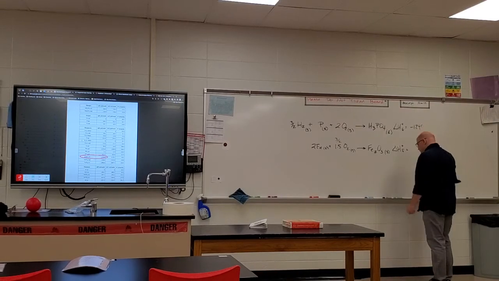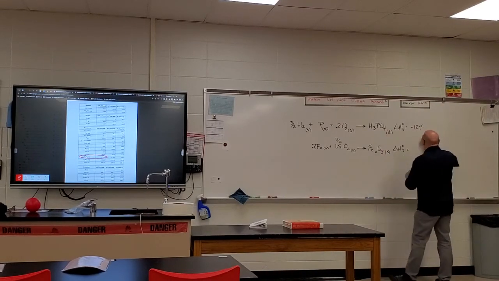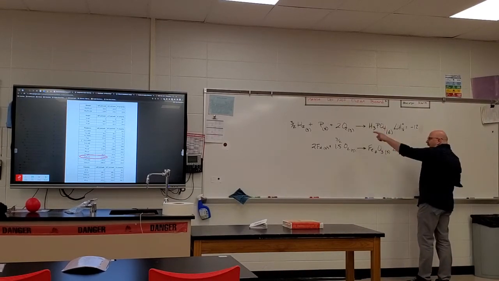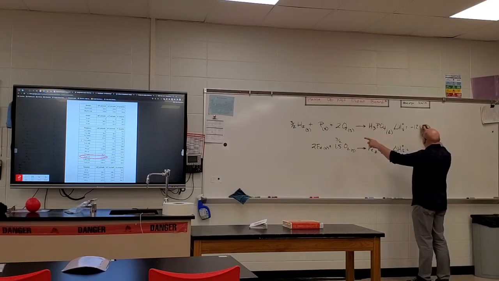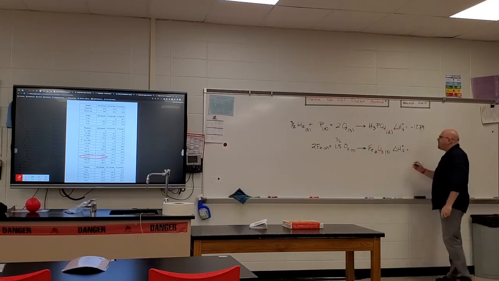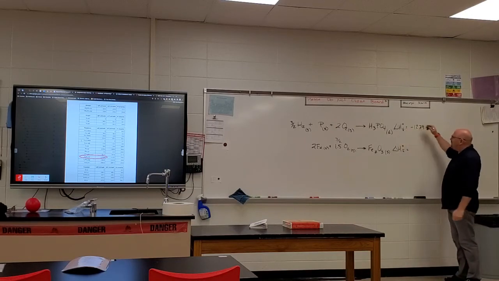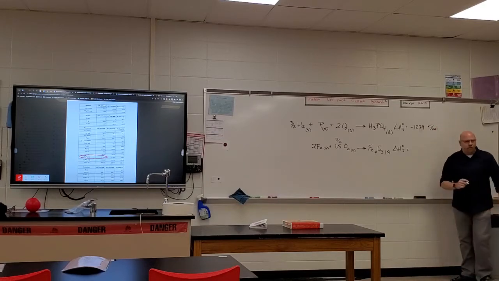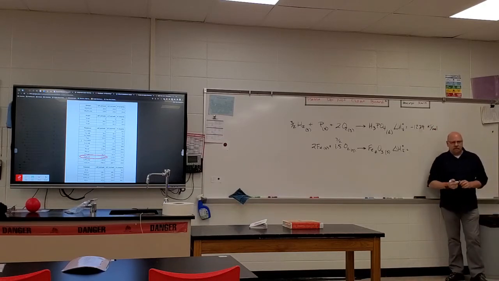So if I had hydrogen in its pure form, its standard form, I had phosphorus in its standard form, I had oxygen in its standard form, and I caused them to react to make the phosphoric acid, or the H3PO4, this is how much energy would be released in the formation of that compound.